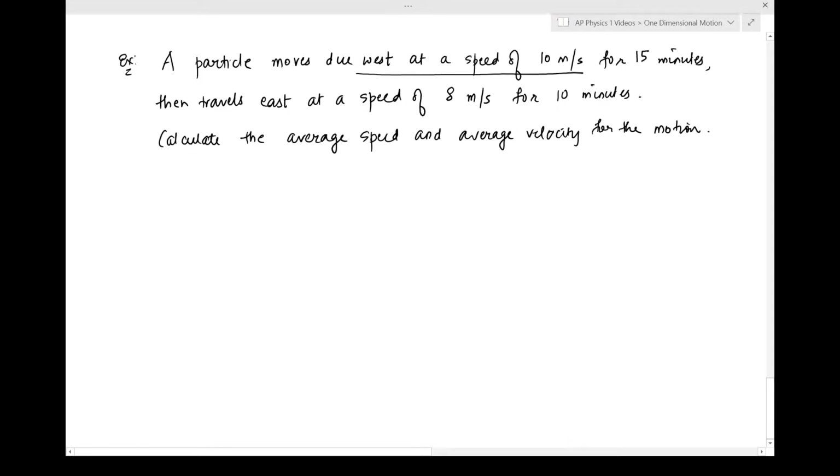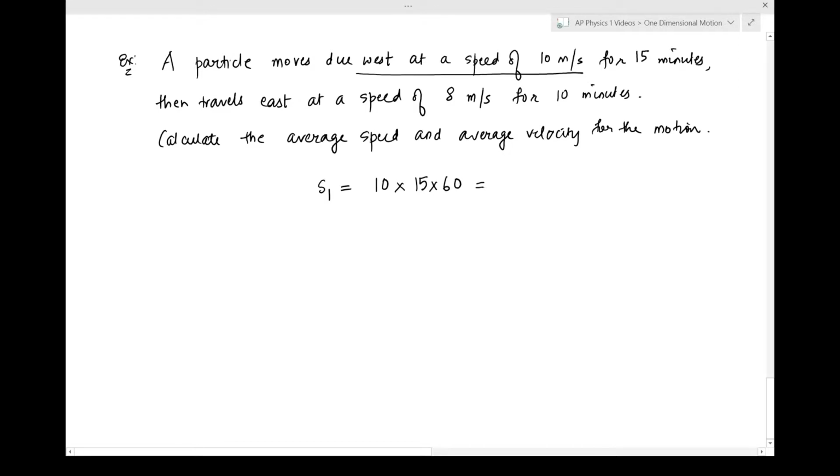Now, if you travel at a speed of 10 meters per second for 15 minutes, the distance that you covered in that part, let's call that distance S1, is going to be equal to 10 meters per second multiplied by the time, which is 15, and then I'll also multiply that by 60 to convert it to seconds.